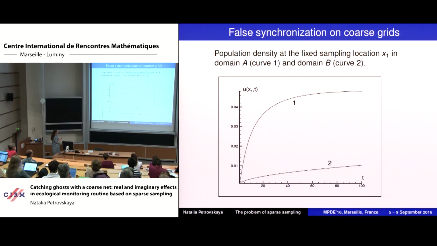What we do next? Let us think about a single sampling location where the value of the density function grows with time in both cases, because of our definition of those functions. This is just one point, but if we use this point as a sampling location, then obviously our correlation coefficient will be positive.